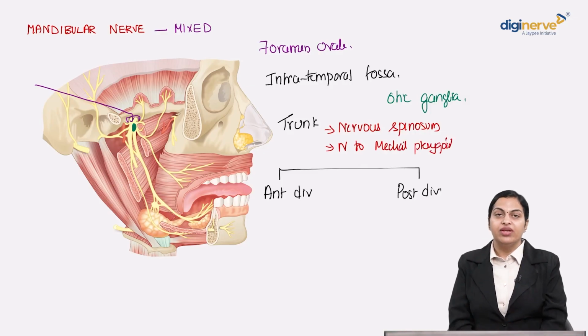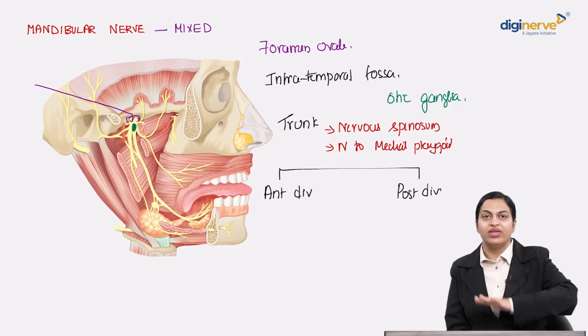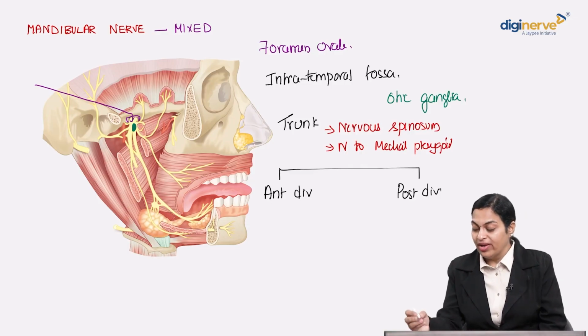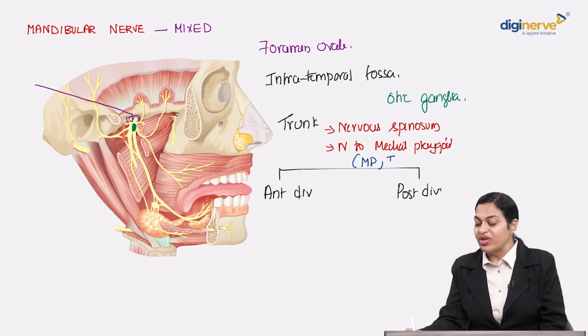This nerve to medial pterygoid will pass through the otic ganglion without synapsing and will go ahead to supply, of course, the medial pterygoid, but also the two tensors, tensor tympani and tensor veli palatini.